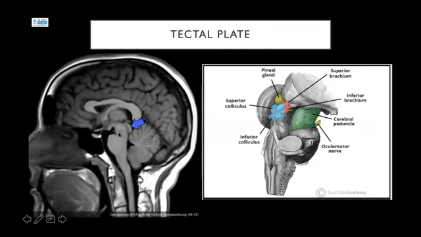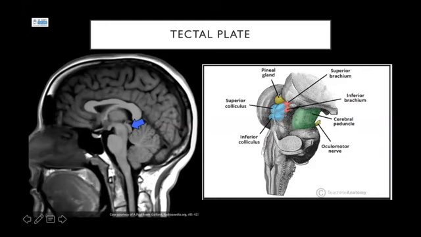We've already mentioned the tectal plate, but just to mention it in a bit more detail. This is the midbrain, and we can see the tectal plate is at the posterior aspect of the midbrain, and it's responsible for auditory and visual reflexes. The tectum houses four rounded prominences named colliculi. So we have two superior colliculi and two inferior colliculi, which sit directly inferior to the pineal gland.